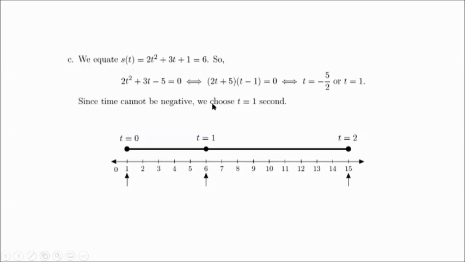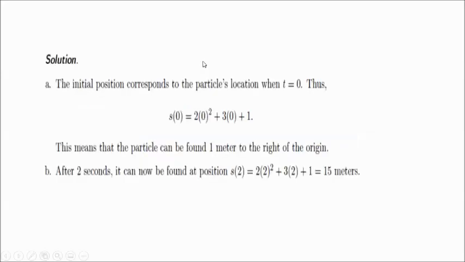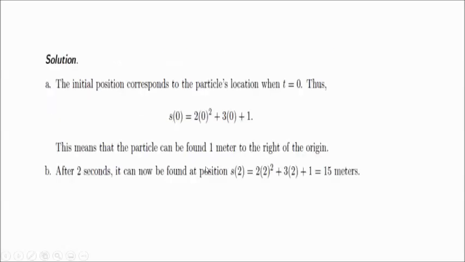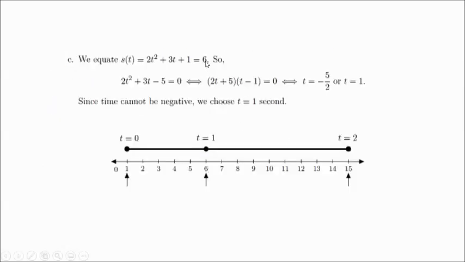Ito yon. So given, in this case, given yung position niya, kukunin natin yung time. At what time is the particle at position s equal to 6? So ibig sabihin, given yung position niya, therefore equate natin siya sa 6. Kunin natin yung time. Okay?